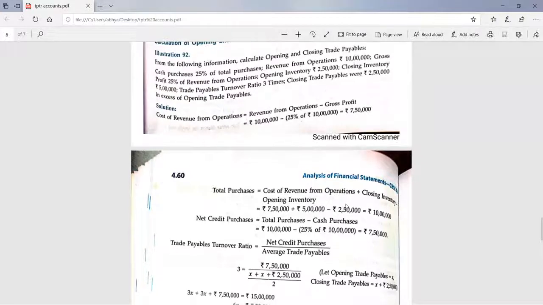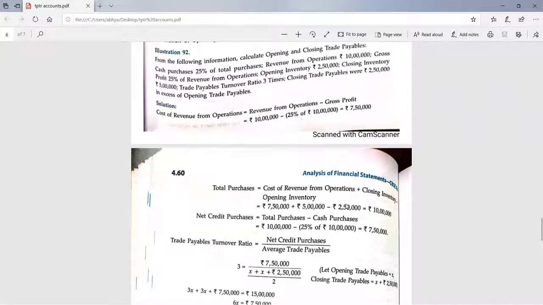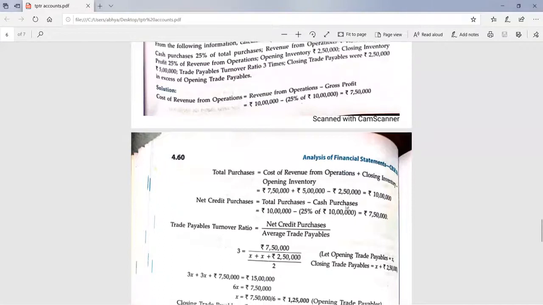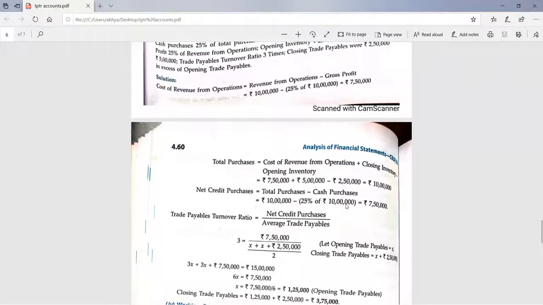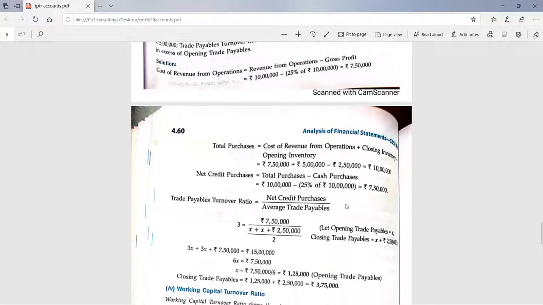So let's assume opening trade payables as X and the closing trade payables will be X plus 2,50,000. So make the equation like this, or else just write the average trade payables. So by using this formula, average trade payables will be equal to 2,50,000.